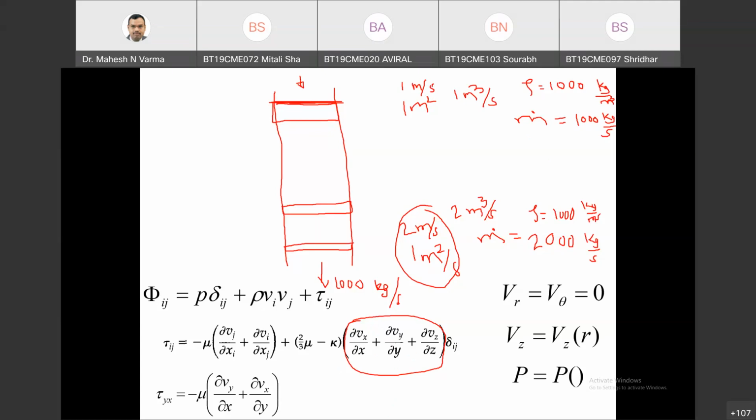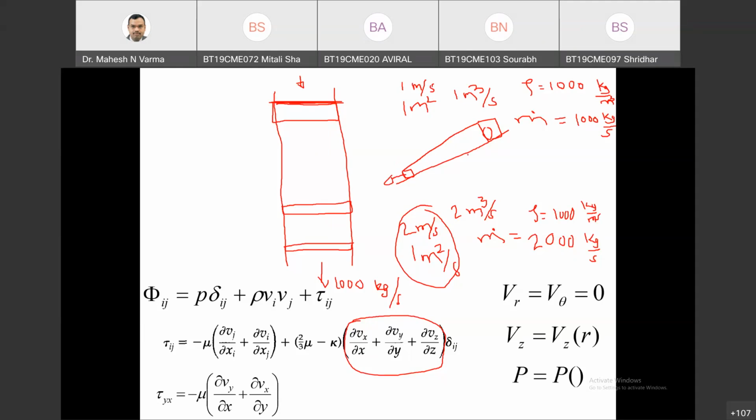But if the boundaries are open, okay, in the previous case it was flow over a flat plate. So here I might get an area of 1 meter square, here I might get an area of 0.5 meter square. The thickness of the film will reduce, and in turn velocity will increase.